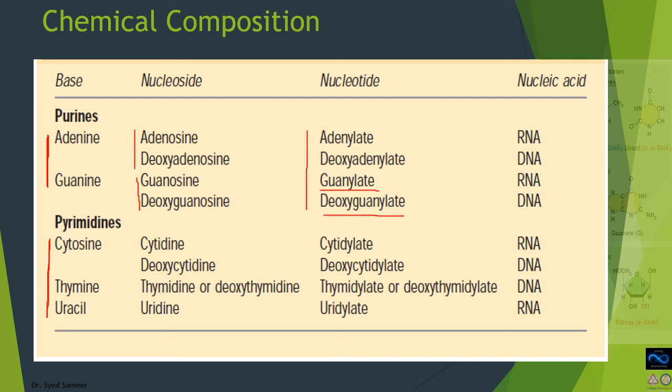And finally, when they link with each other, they result in the formation of RNA or DNA. So the RNA will contain adenine, guanine, cytosine, and uracil, whereas the DNA will contain thymine, cytosine, guanine, and adenine as the nitrogen bases in its polymerized form.